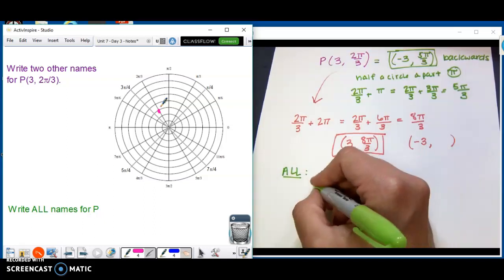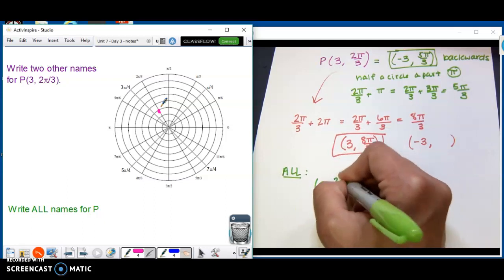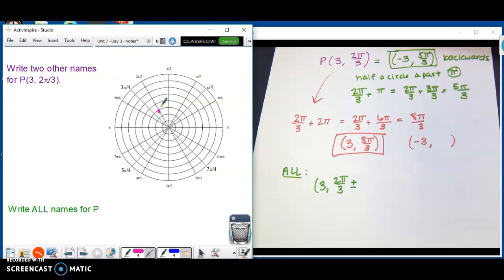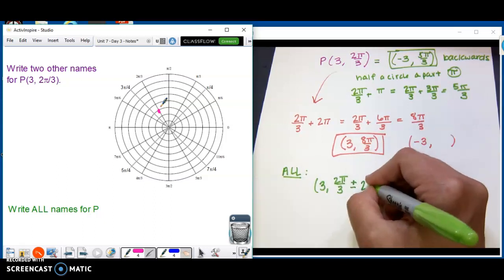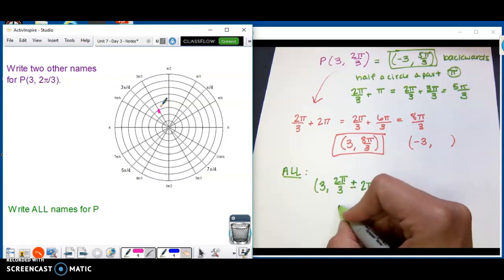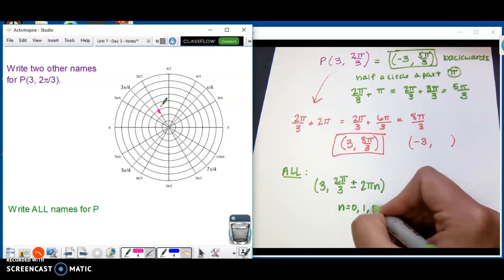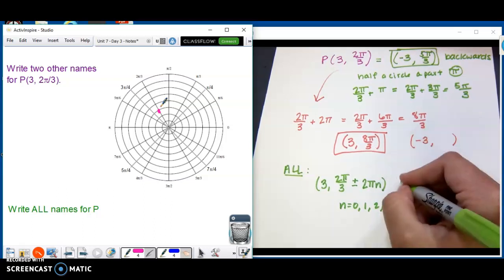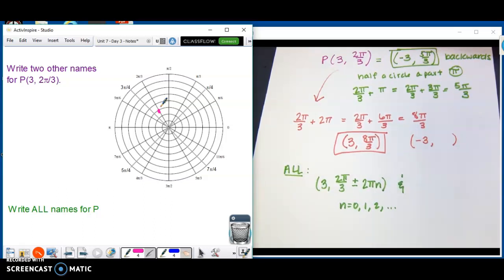So first you're going to take your original point, 3, 2 pi over 3, and we can add or subtract an entire unit circle. Remember we write that as 2 pi n. Remember n is just an integer, 0, 1, 2, 3, a number like that. So that's one answer you need to write. Then you also need to write the backwards answer.